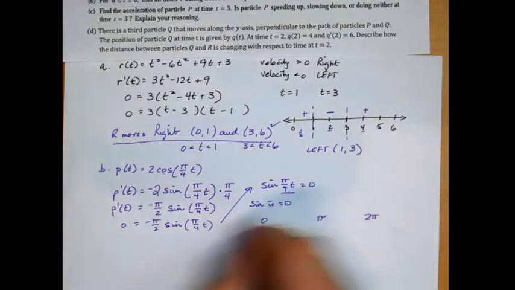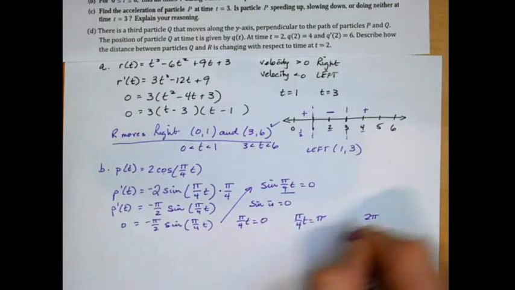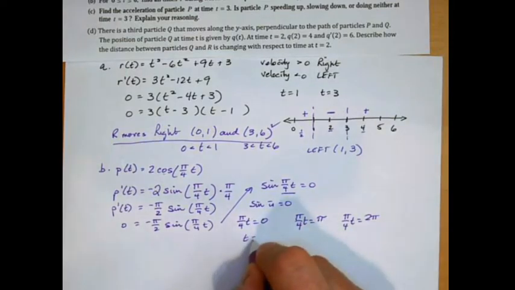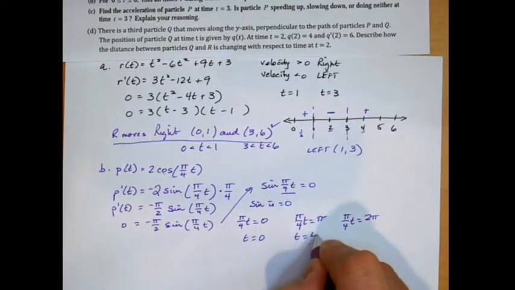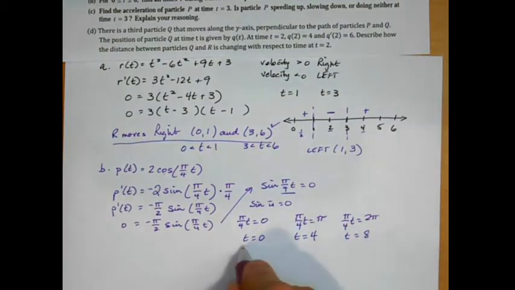What we're going to do is take the pi over 4t and set it equal to each of these, and then solve for t. So t is obviously 0, t is 4, and t is 8. The only ones that are in the interval are the first two.